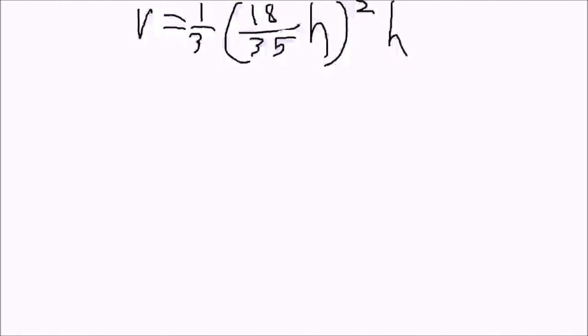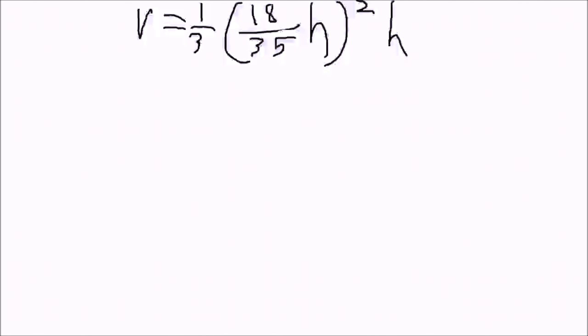Before we can calculate our rate, first we need to fully simplify our volume equation. To do this, we need to use order of operations. So that means we need to square what's inside of our parentheses first.